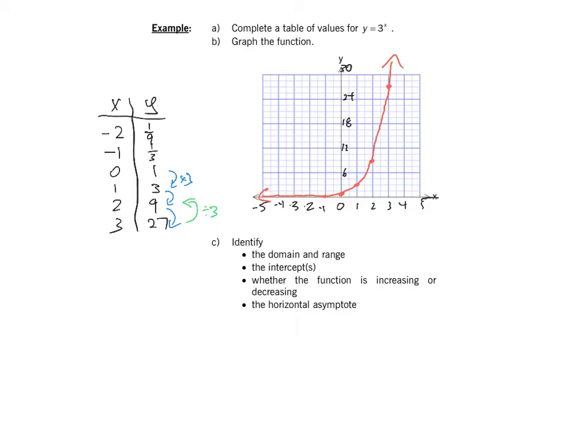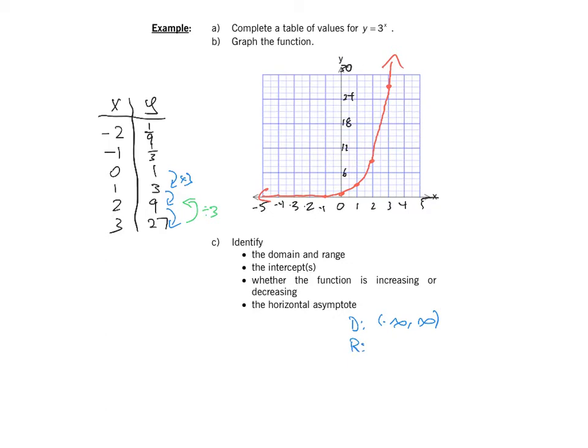Now that we've graphed it, we can take a look at part C, which asks us to identify the domain and range. So the domain, as we said earlier, is -infinity to infinity.